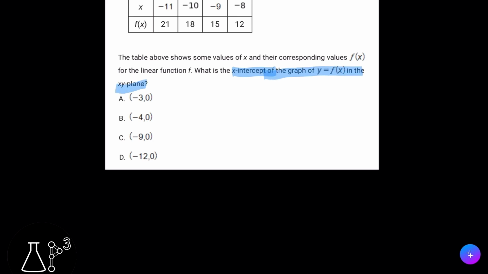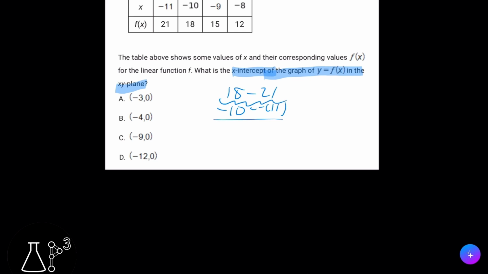So what can I do? Well, I'm given 4 x values and 4 y values. Let's find the slope again, and then we can make an equation to look for the x-intercept. So I can do 18 minus 21 divided by negative 10 minus negative 11, and that gives me the slope.